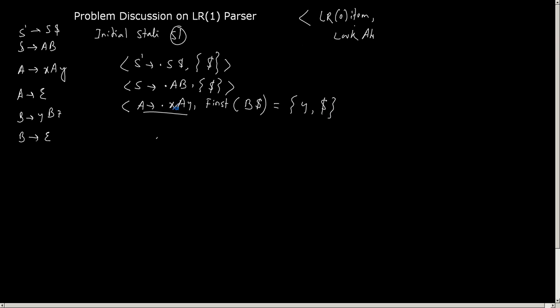Understood? So this A is equal to dot XAY, and the look ahead symbols are Y, dollar. And similarly for A is equal to dot, that means epsilon without consuming any symbol, the look ahead symbol will also be Y comma dollar. Okay, so this is my state 1.